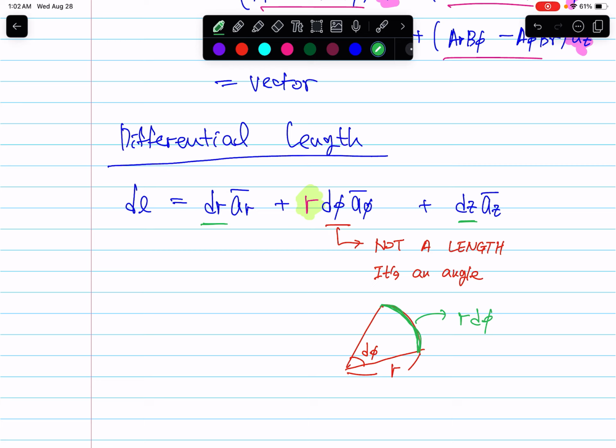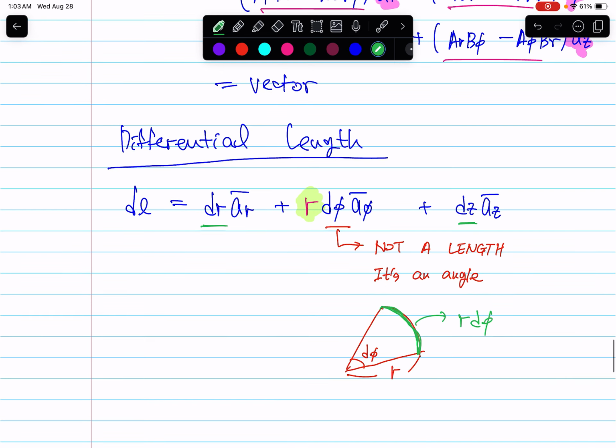But d pi is an angle, so we need to multiply r to represent a small portion tangent to the outer surface of this arc. This could be confusing, so let me know if you want me to repeat that later.